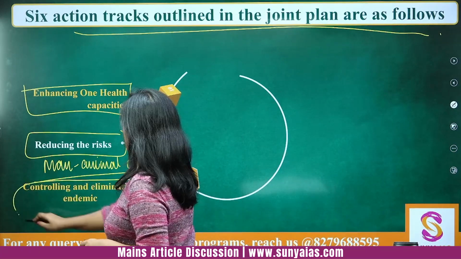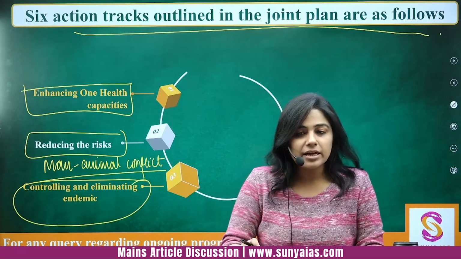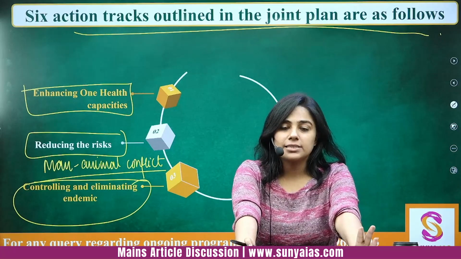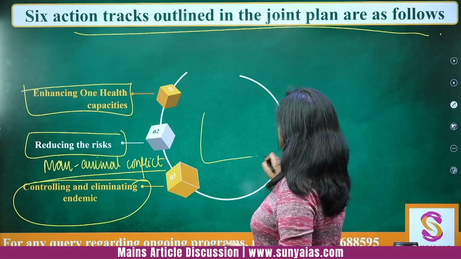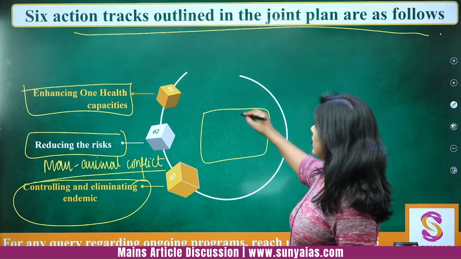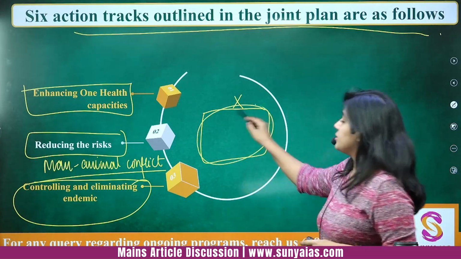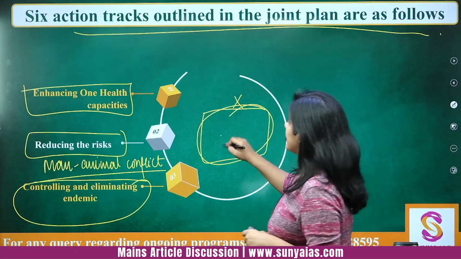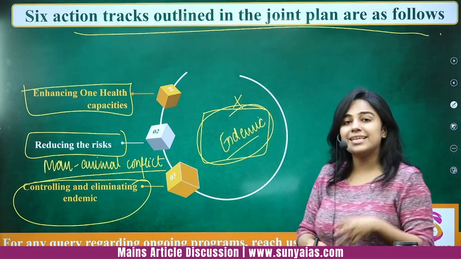Then controlling and eliminating the endemic viruses. I just told you what an endemic is. So for example, this is an area, this is a country, and in this particular country there is a virus X which is found only in this country. Then you will call it an endemic virus. It is not found anywhere else, it is endemic.